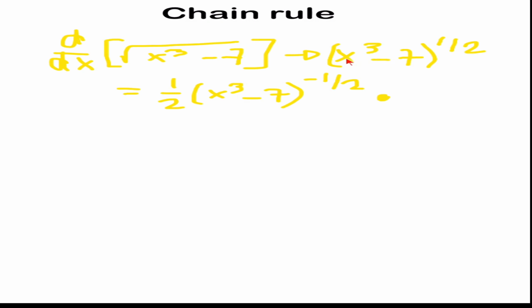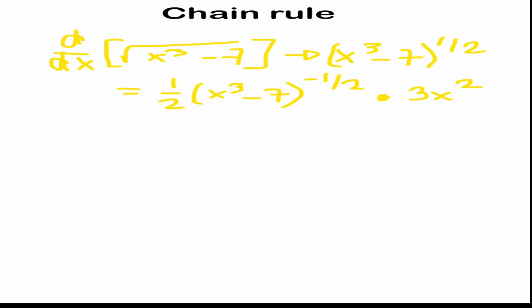So what is the derivative of x cubed minus 7? It's 3x squared. What is the derivative of negative 7? It's 0.